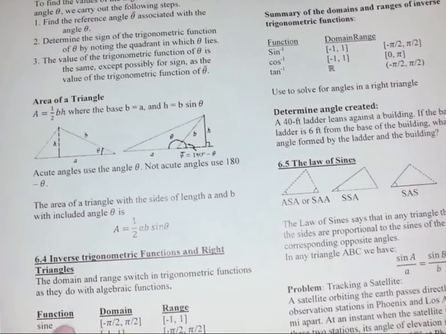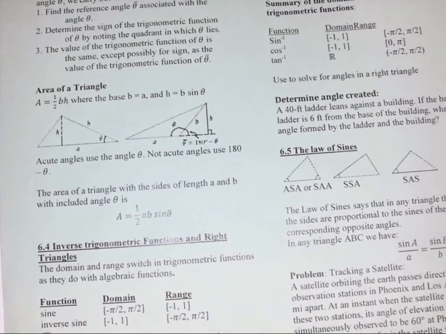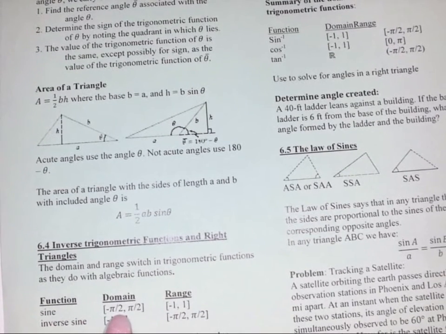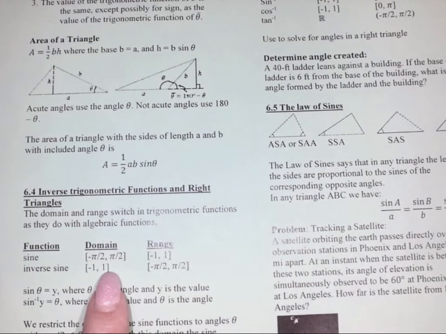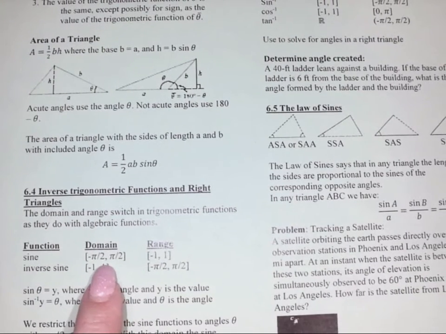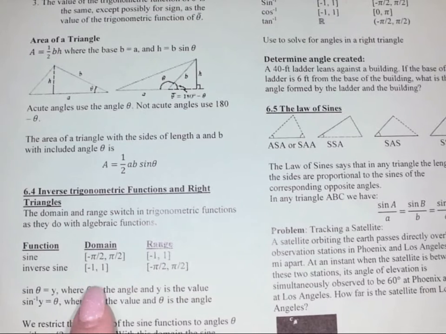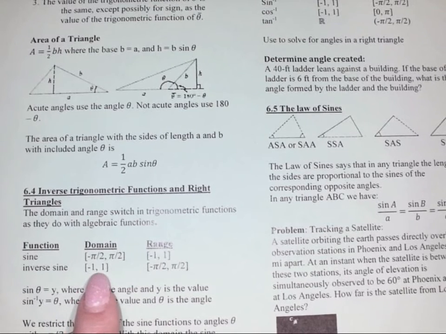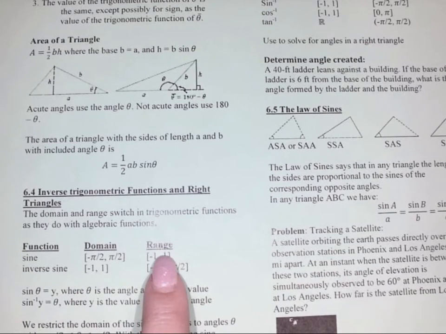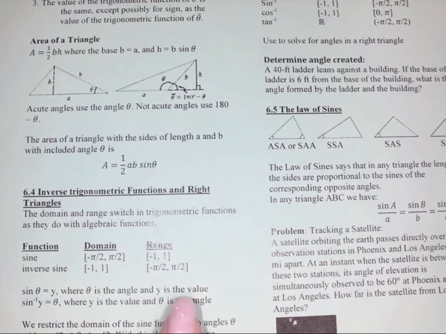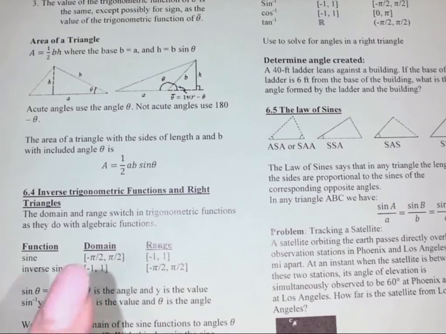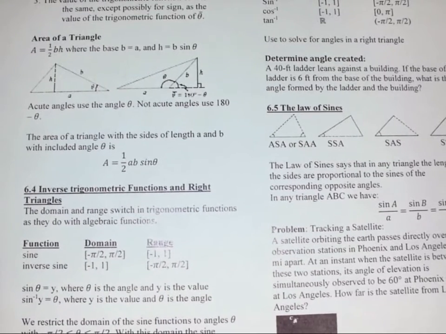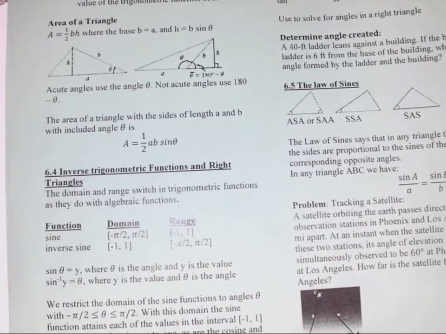So if we look at the domain of our functions, the sine is from negative pi over 2 to pi over 2 for the function of sine, but the inverse sine is from negative 1 to 1, which is the same thing as the range on the regular sine function, and the range is the same as it was for the domain. So those are going to switch just like we've seen before in college algebra.